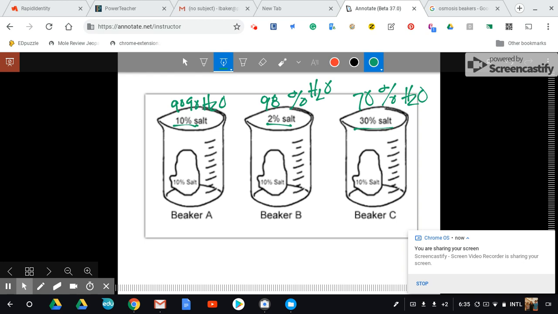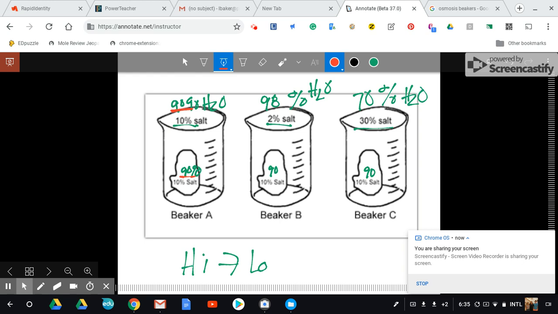All right, let's look at inside this potato core. If I have 10% salt, that means I'm going to have 90% water, right? So all of these are the same, 90% water. What I want you to look at, once again, osmosis goes from high to low. So look at your water concentration. Here you've got 90% water and 90% water.